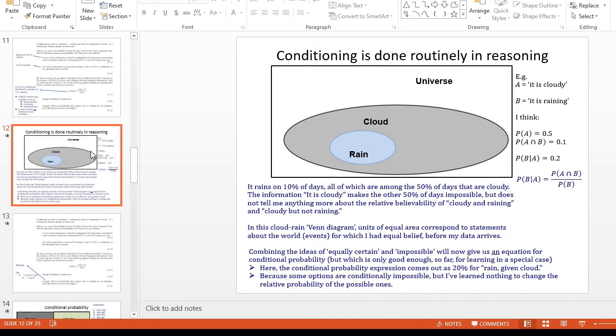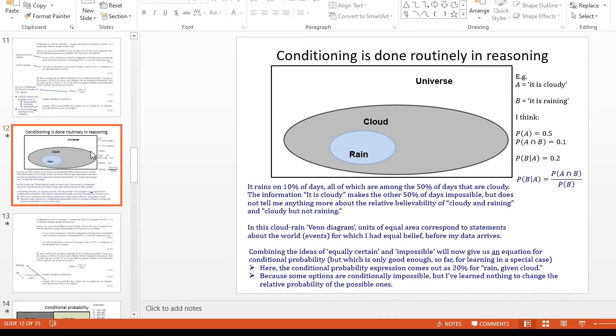So we can, however, make some progress using this cloud-rain Venn diagram. In this diagram, units of equal area correspond to statements about which I have equal belief, and area is proportional in some way to the amount of belief that I have.